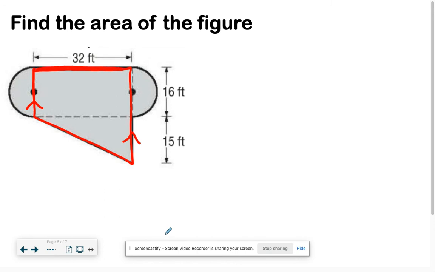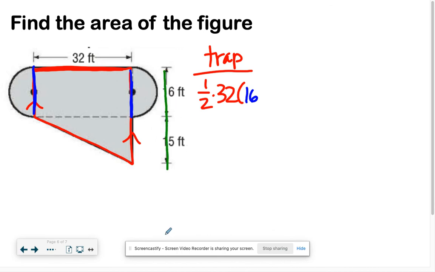That seems pretty easy. Our trapezoid: half, our height would be 32, and our bases. This base right here is the same as this one, which is 16. And this base is the length of this whole thing here, so 16 plus 15 gives us 31.